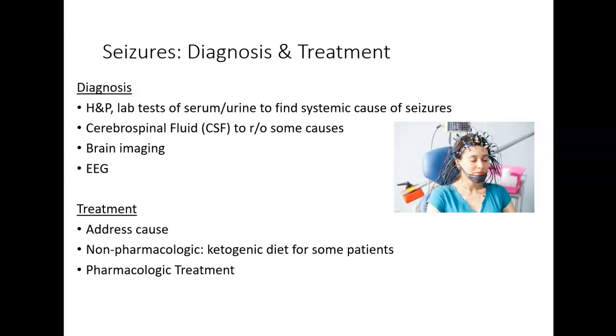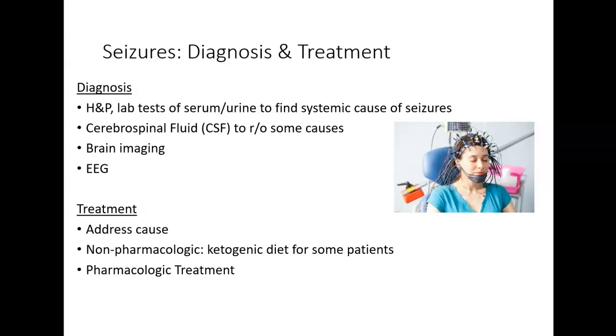Now, sometimes, even in a normal state, the docs will be able to pick up an interesting wave on that EEG, an interesting tracing that says, here we go, here's some interesting things that are happening. But more often than not, the EEG is normal. So doing an EEG after someone's had a seizure and they're recovered, if they go into the emergency room, a lot of times it's not going to tell anything. The treatment is really to address the underlying cause, which is fine if you can identify a cause, but if you can't, that can become very frustrating.